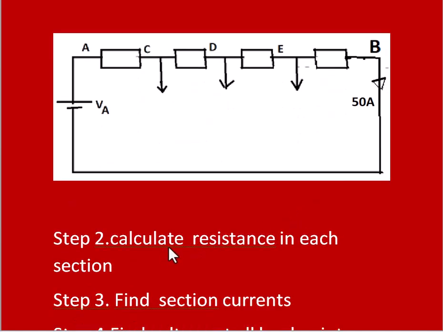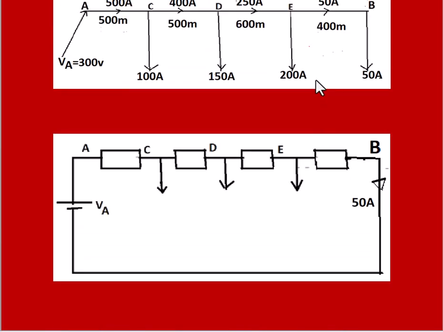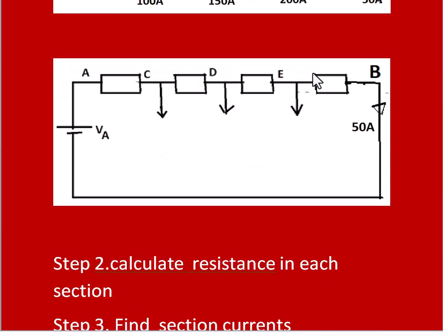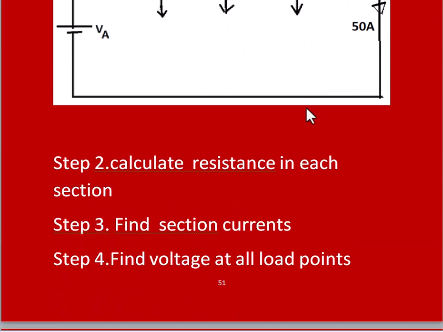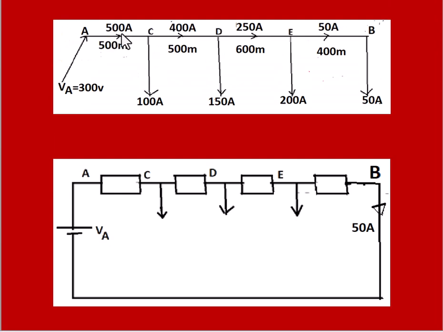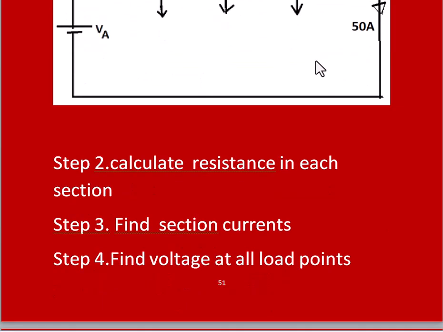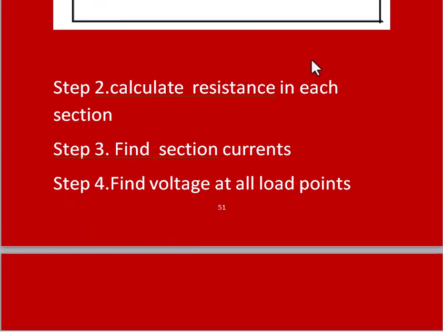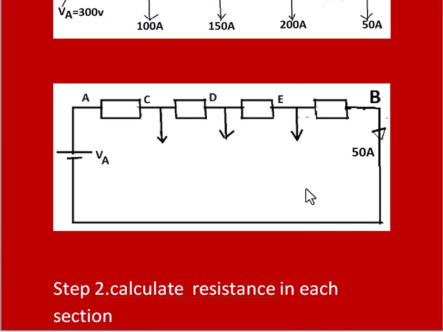Next step is to calculate the resistance in each section. Each section means in this block, in this block, in this block, in this block, here, here, like that. Then find the section current. Section current means whatever current flows in this section of the distributor is called the section current. Load currents will be known. Once the section currents are known, then find out the voltage at various load points.